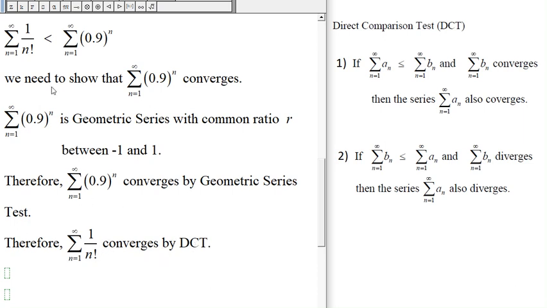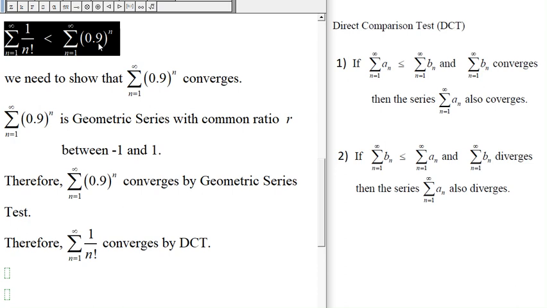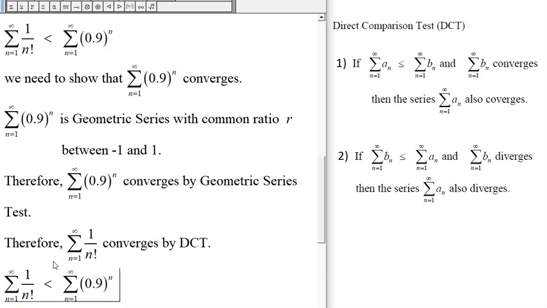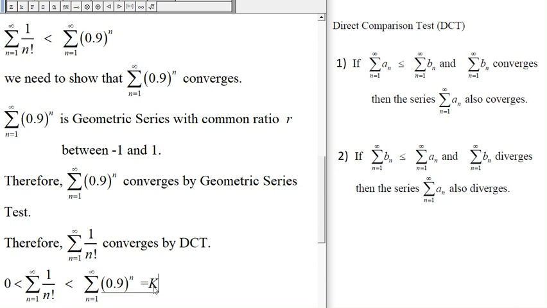And the logic behind the direct comparison test: notice that this is a positive series, meaning it's always greater than 0. We have just shown that the comparison series converges, meaning it's equal to some real finite number, which means this series is bounded between 0 and some real finite number.